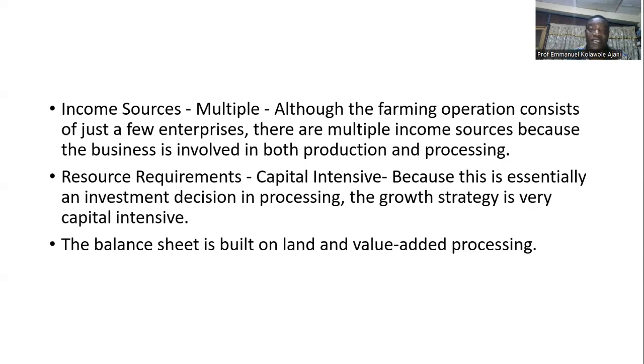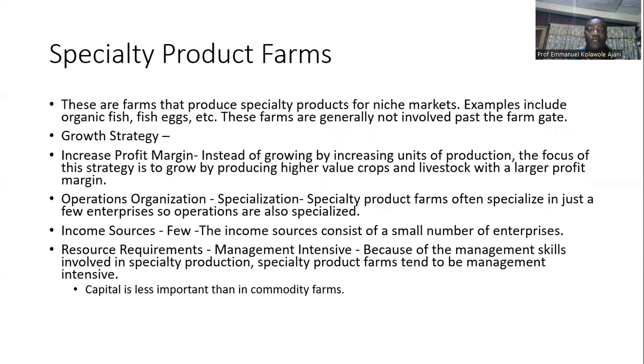And in terms of resource requirement, it is capital intensive, because this is essentially an investment decision in processing. The growth strategy is very capital intensive. And the balance sheet is also built on land and value-added processing.